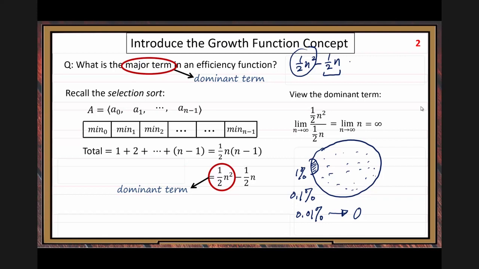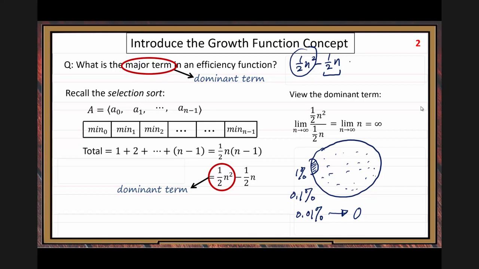So our main concern is when n is large, right? So when n is large, the minor term can be ignored because the percentage is so little. If you ignore it, you do not lose much. If it's less than 0.1%, then you don't have a problem ignoring it, right?